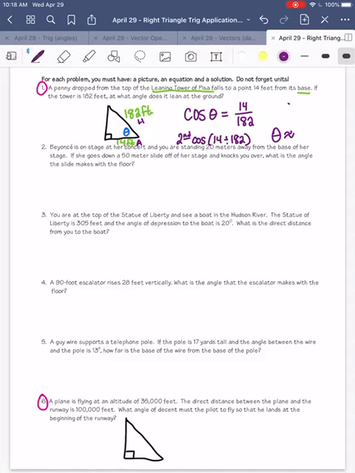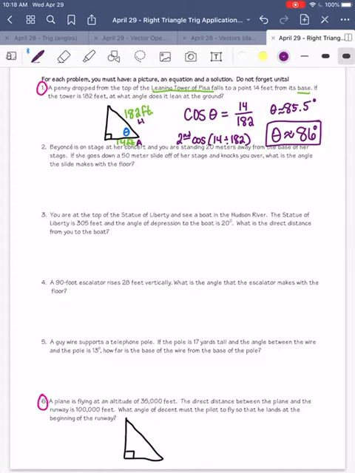So this is 85.5 degrees, and so when we round that, the 5 is going to round it up, so 86 degrees. Okay, so that's how we'll do that one.